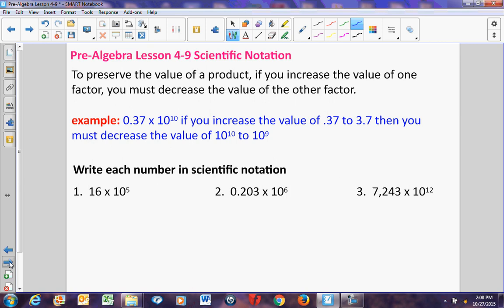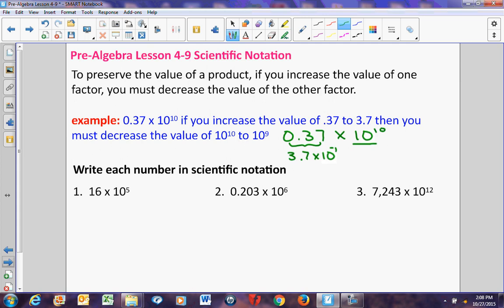An easy way to look at that is this way. You've got 0.37, and I was to times 10 to the 10th power. If I just work with the 0.37 and change that to scientific notation, that would be 3.7 times 10 to the negative first, because I made it bigger.